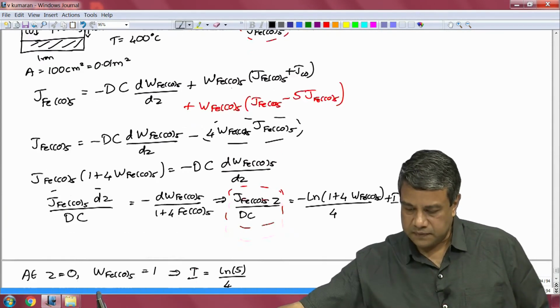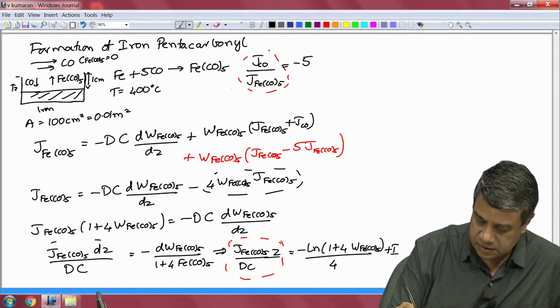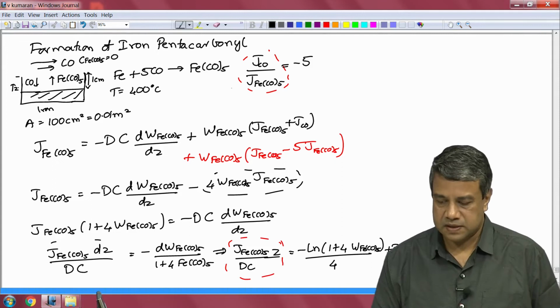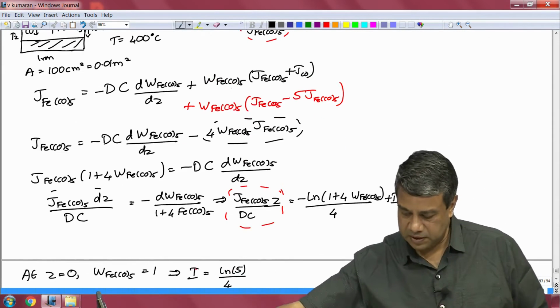Now, at the top surface, z is in this direction, z is equal to 0 at the iron surface. The top surface is at z is equal to h, where the height is equal to h.